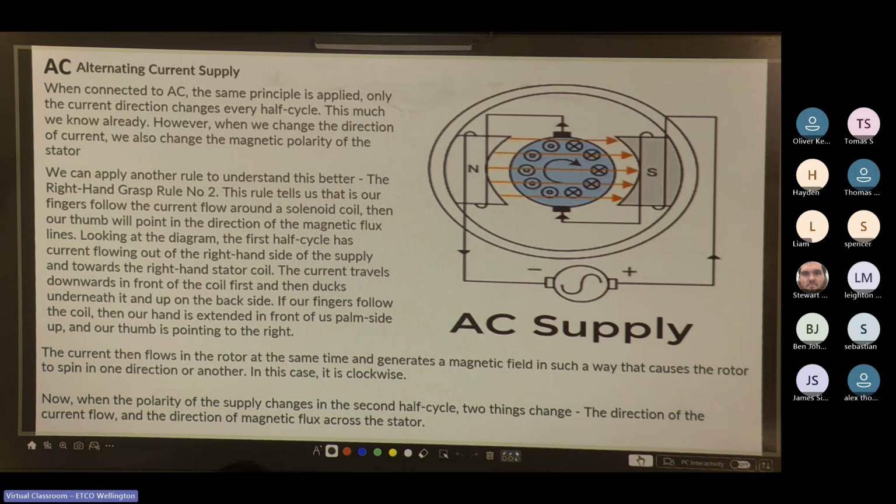So even though the magnetic field is changing, so is the current flow inside the rotor, which means that it actually continues to go the same direction.